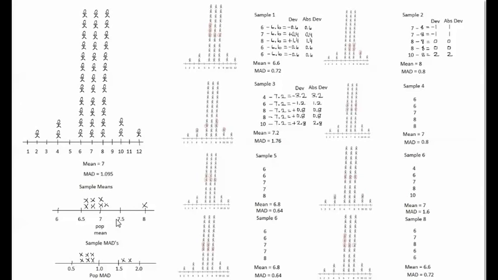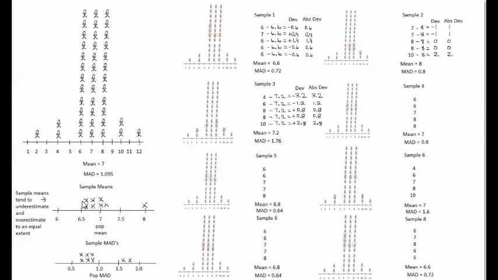But we can see with the sample mean absolute deviation, that's not true. The sample mean absolute deviation has a stronger tendency to underestimate. It underestimates more often than it overestimates. So we can see right here, sample means tend to underestimate and overestimate the population mean to an equal extent.